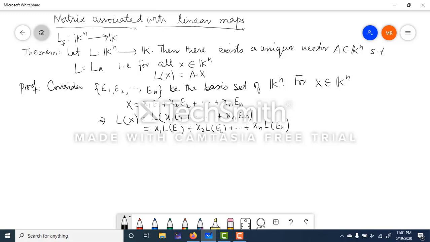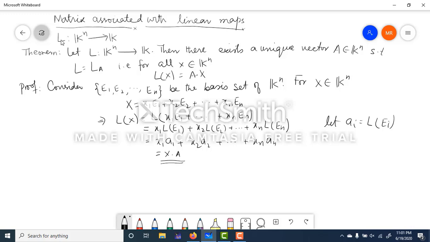And if I let Ai be equal to L of ei, then this is x1 A1 plus x2 A2 plus and so on xn An, which is equal to x dot A, which is our required result.